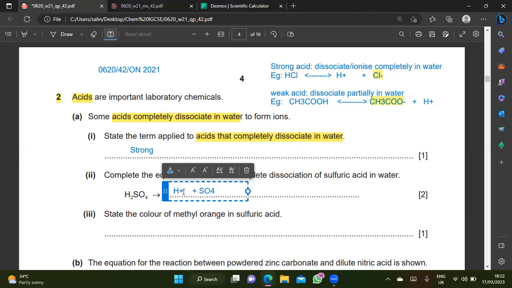So let's do this. I'm just going to draw the charge here. So this is H+ here, SO4 2-. Remember in the exam you have to write down the symbol correctly.